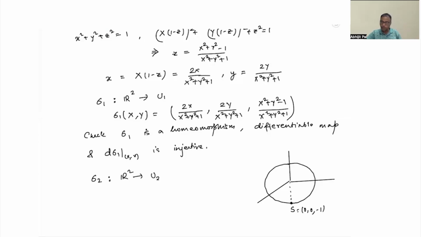So you take the straight line coming out of this South Pole like this. Again, it will intersect the sphere at one point and then the plane at this point X, Y, 0.